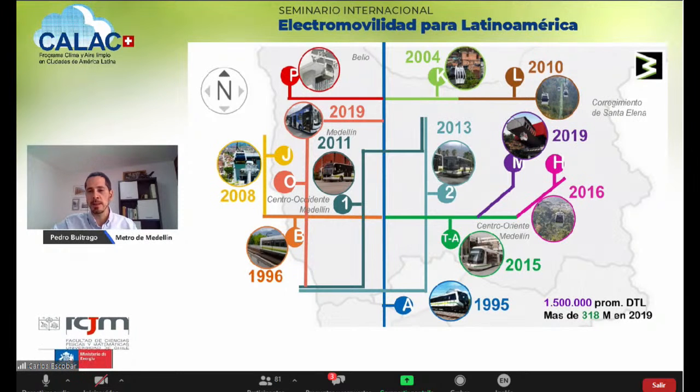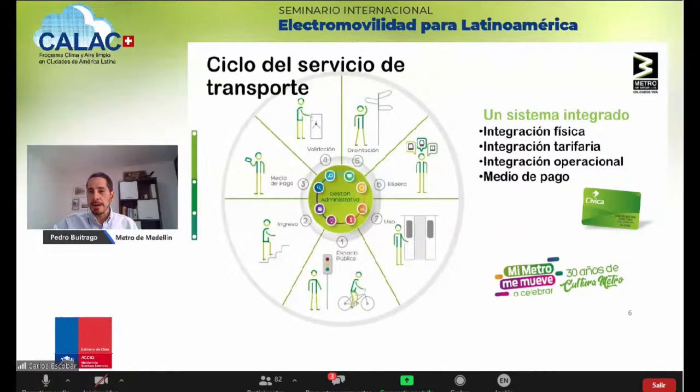In addition to these lines that you can see on the scheme of the massive component, these are supplemented with feeder services and integrated services provided by the buses that come from the neighborhoods, and they generate integration and feed into these lines. For this system to work with true integration, we have established within our mission processes the transport service cycle. In this cycle, we indicate the moments in which the user has interaction with the system.